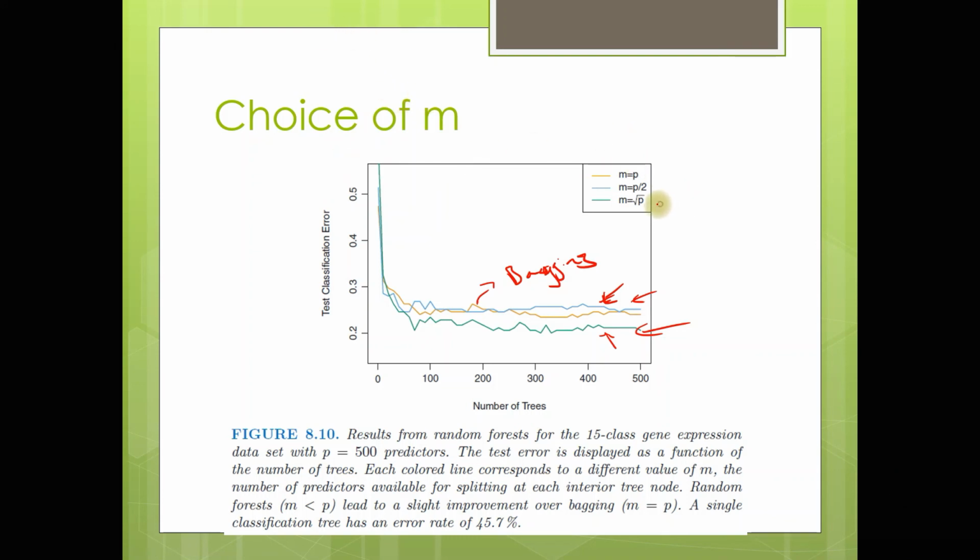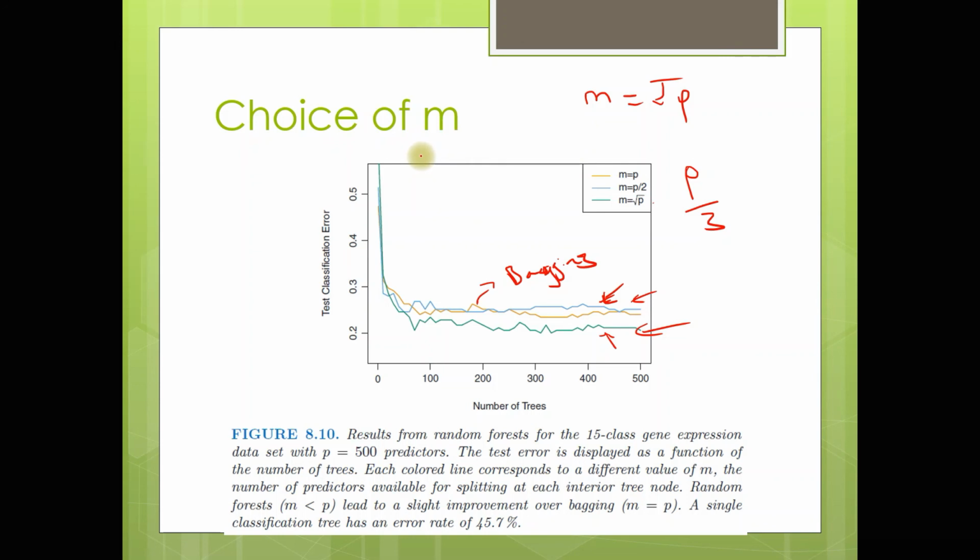This refers to what I explained to you earlier: for a classification problem, M is generally taken to be the root of P, and for a regression problem, we generally take it to be P divided by 3. Having understood the main difference between these two concepts, just remember that the principle you have learnt in bagging is the same principle that applies to random forest.